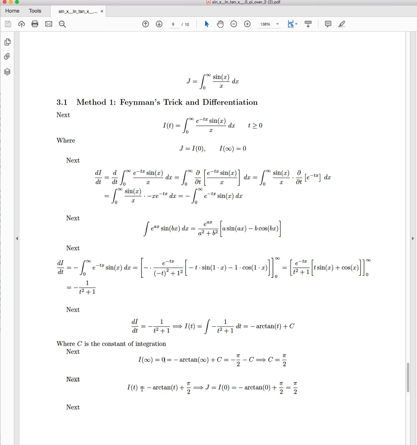Okay, so therefore, we now know that I of t is equal to negative arctan of t plus pi over 2. Now that's fantastic. We've now got it into the form that we can evaluate our result, but we've even gone further. We haven't just limited ourselves to the integral of sine of x over x, we've now extended it to include e to the negative tx as well.